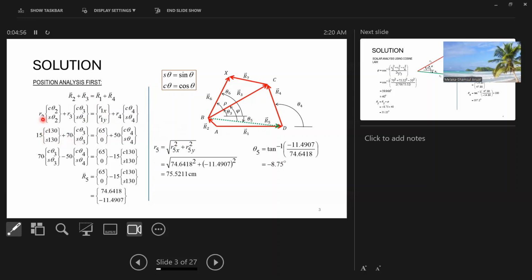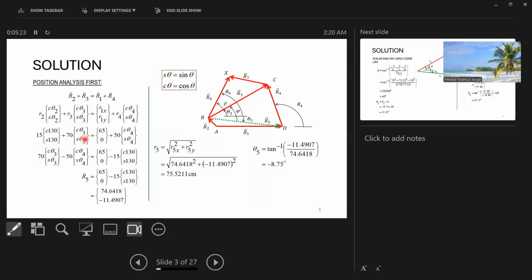Okay, and then you have R2 is 15, the information from the question, and the angle, the input angle at the moment, is 130. So cosine is the top portion, and the bottom portion is sine. Then for R3, you have 70.